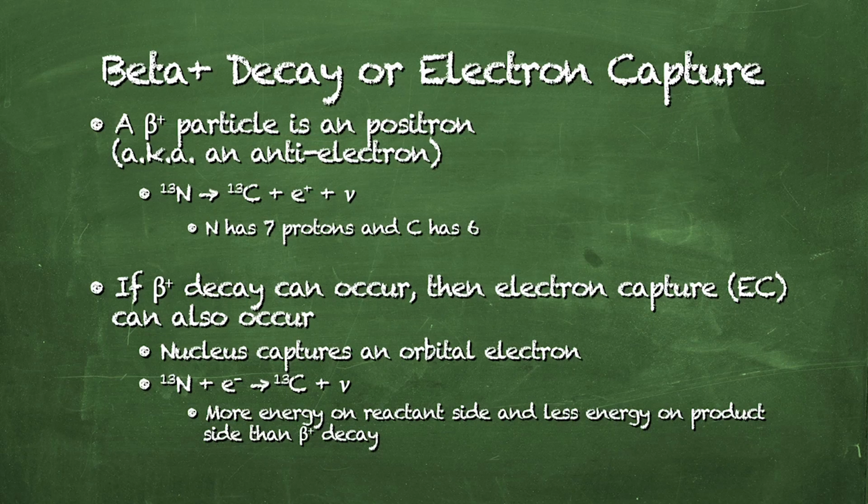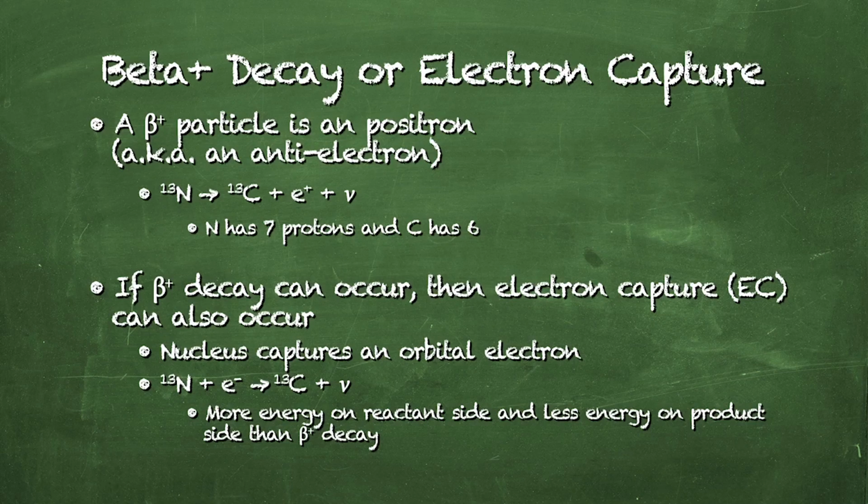We basically move the mass of the positron or electron from the product side to the reactant side. So if beta plus decay can occur, then electron capture can always occur, but the converse might not be true. There might not be enough energy released for beta plus decay to occur in some situations where electron capture does.